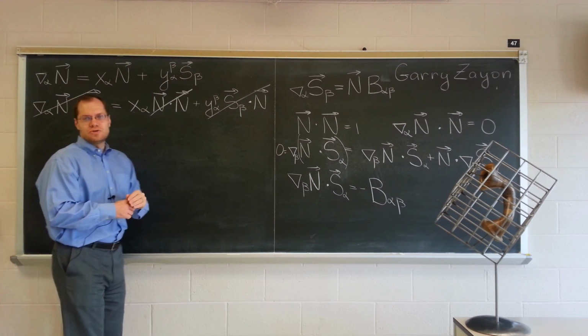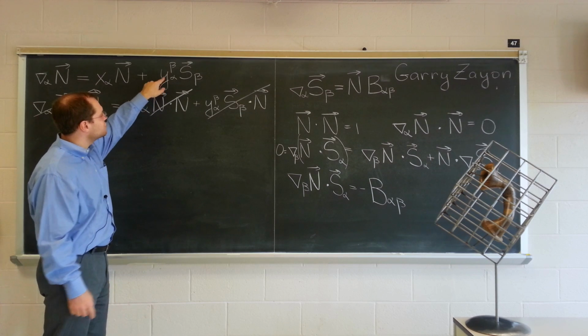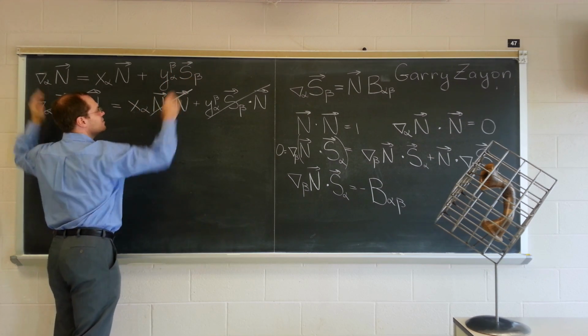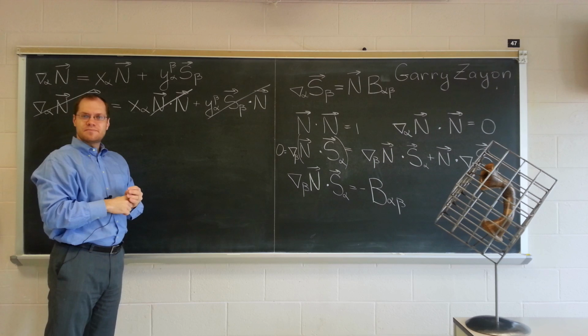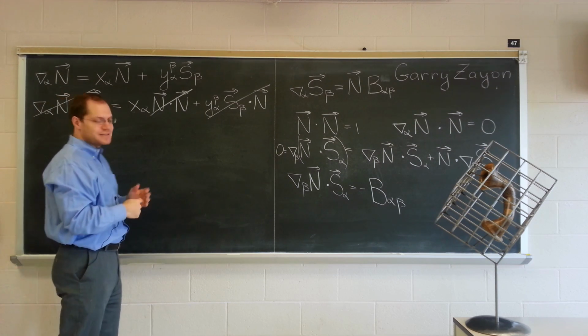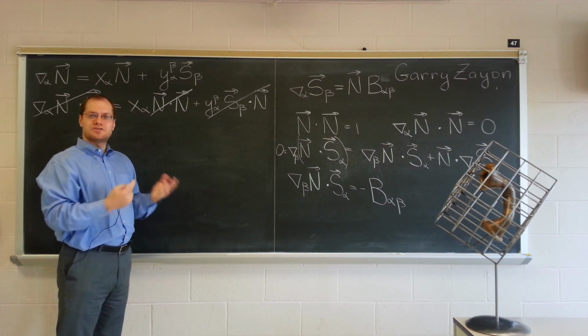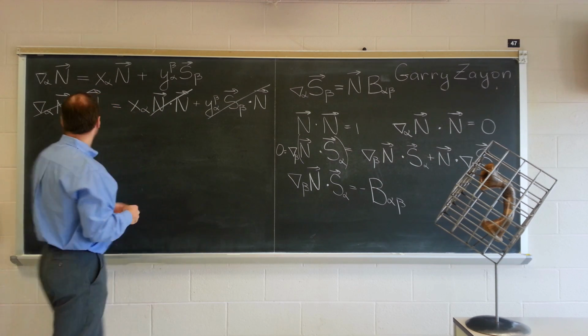Now, in order to find out these coefficients, I will dot both sides of this identity with S gamma, the contravariant S gamma, just for convenience.